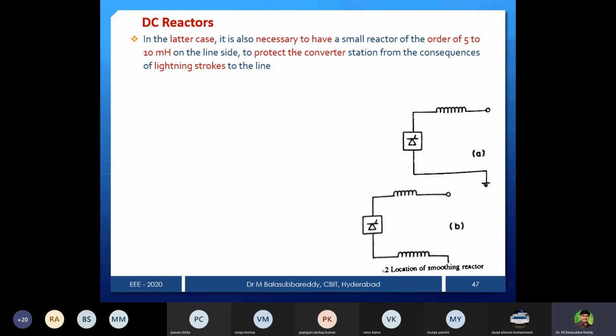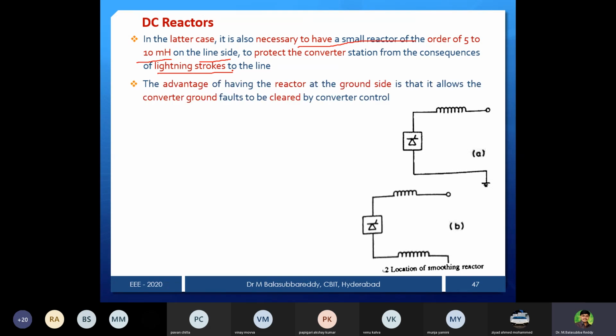It is necessary to have a smoothing reactor of order 5 to 10 millihenry on the line side, to protect the converter station from the consequences of lightning strokes also. If lightning strokes happen, device conduction will take place; that also we can prevent using this.